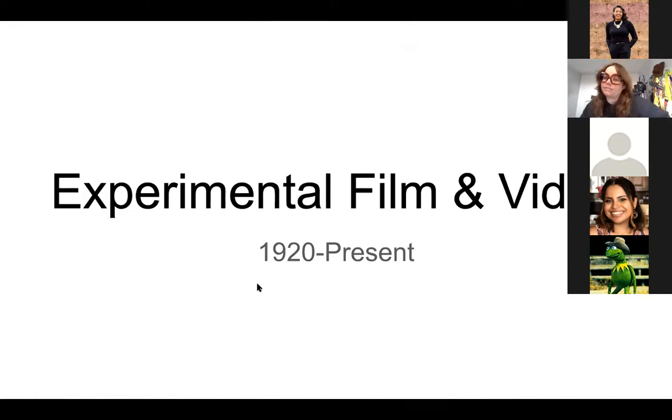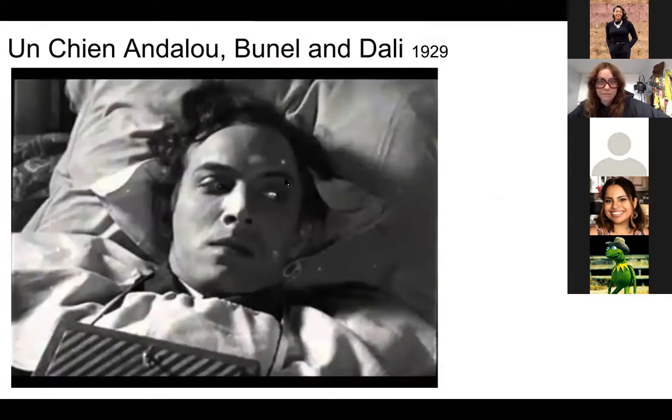So Dada, Fluxus, and then obviously modern art, and then the phase we're in now, which is contemporary art. So a lot of Dada, surrealism, very stream of consciousness oriented, very dream oriented, and we'll let past Madison tell you about that.